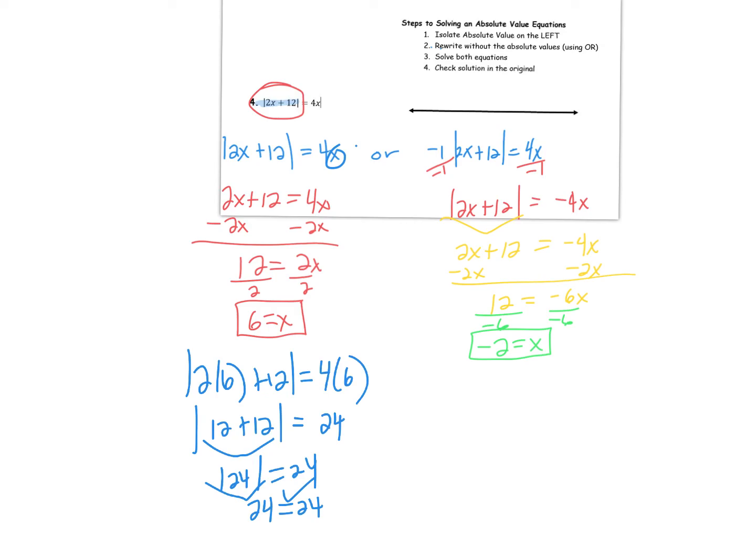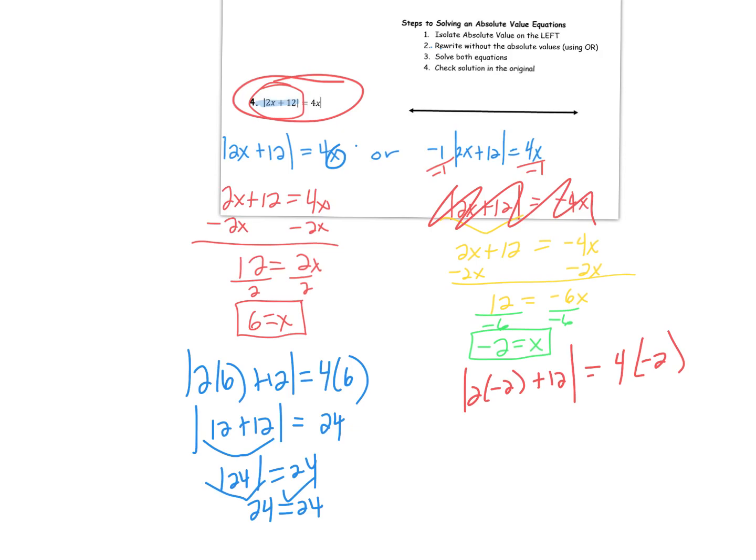But when I come over here, absolute value of 2 times negative 2 plus 12 is going to equal 4 times negative 2. And again, remember, I used the original problem, not the dark side problem. So absolute value of negative 4 plus 12 is supposed to equal negative 8.